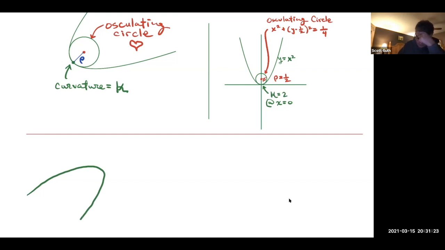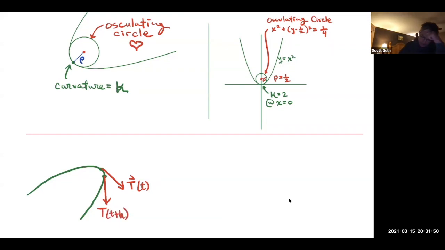So I'm going to put 2 unit tangents just like this, real close together. One's going to point this way, and the other is going to point this way. So these are 2 tangent vectors. We could call that T of t, and this one down here is going to be T of t plus h.